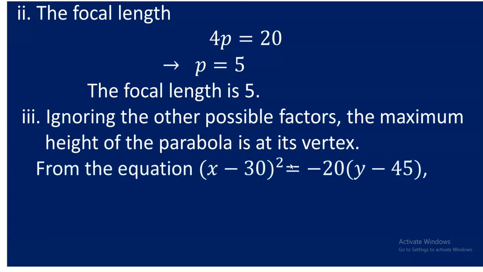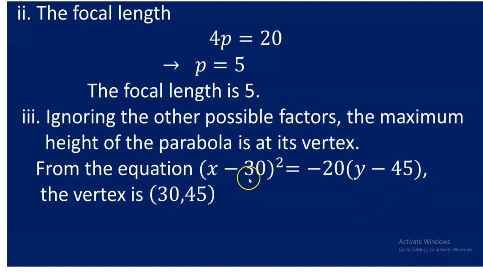The vertex can easily be calculated from the equation (x minus 30) the whole squared equals negative 20 into (y minus 45). Clearly the vertex is at (30, 45), because the zero of this expression is 30 and the zero of this one is 45.